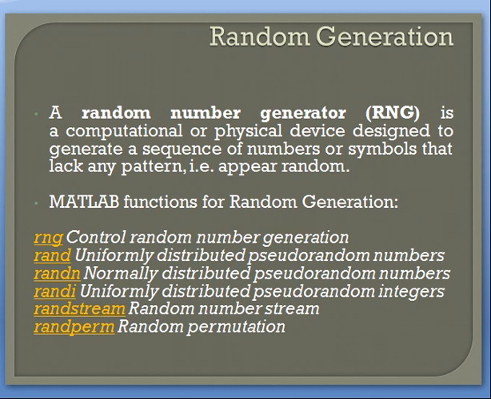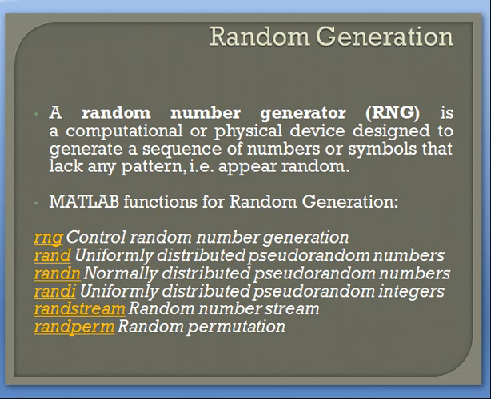The MATLAB functions for random generation are rng, for controlling random number generation; rand, for uniformly distributed pseudo random numbers; randn, for normally distributed pseudo random numbers; randi, for uniformly distributed pseudo random integers; RandStream, for random number stream; and randperm, for random permutation.